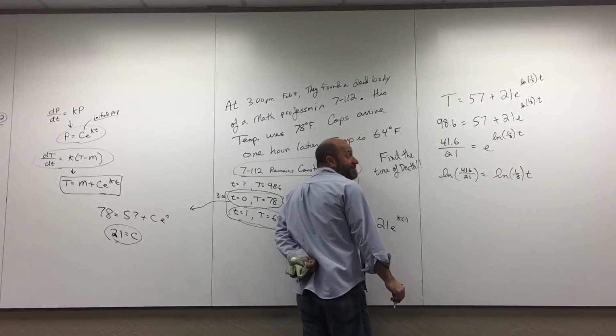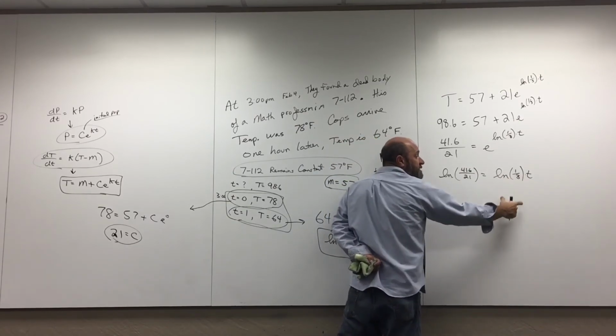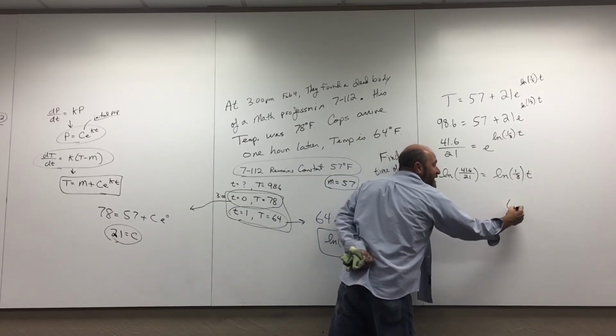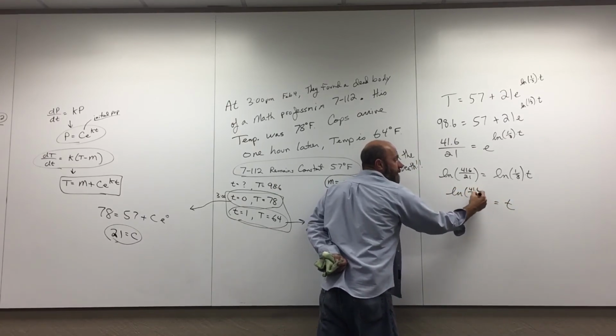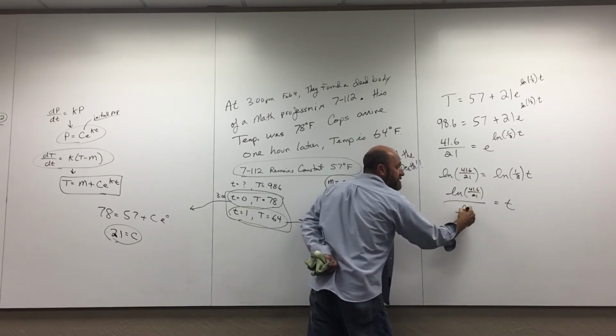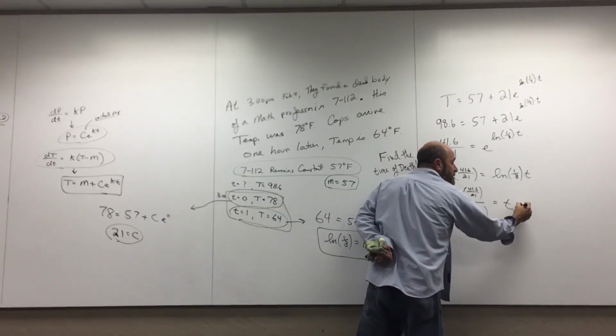One more move. I'm trying to get t, so divide by that natural log. So it's this natural log divided by this natural log. This is going to be awesome. I hope it's a negative time.